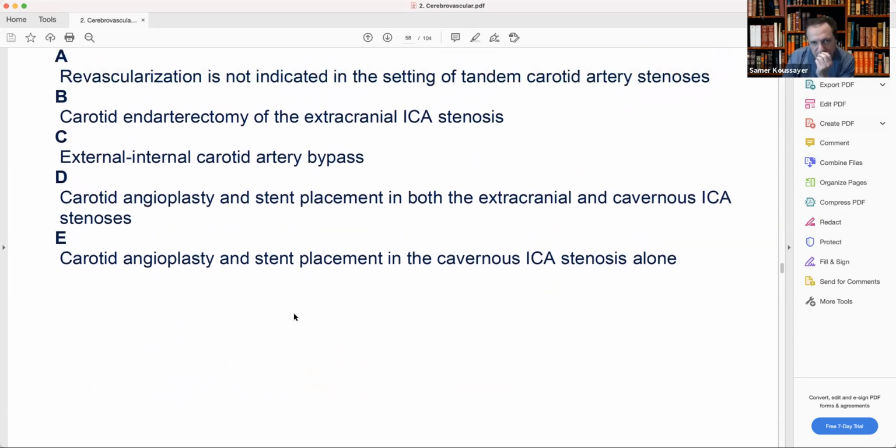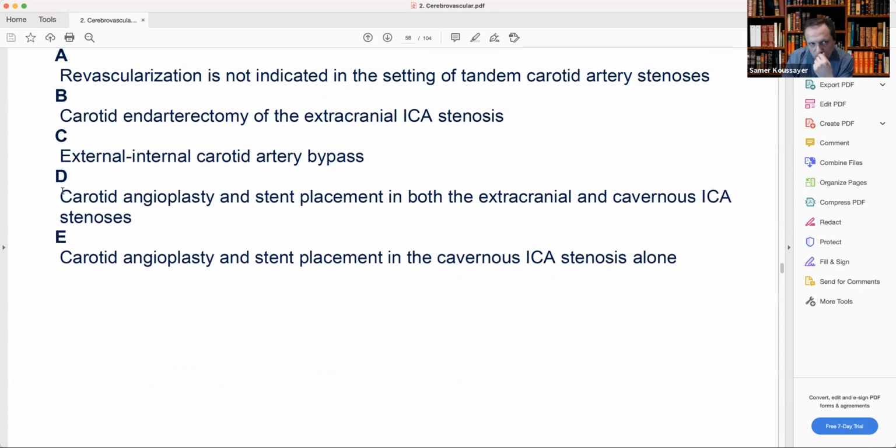Otherwise, if it's not correct, then D would be the right answer, stenting both. If there were an indication for stenting, yes, I'd stent both because it's easier. But again, because the new study showed there's no advantage of stenting, then medical treatment. Same as with the renals: we used to do a lot of renal stents, and nowadays we rarely do, because the study showed there's no advantage of stenting the renals.